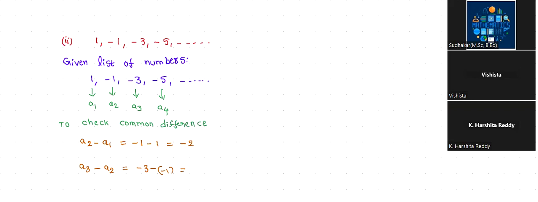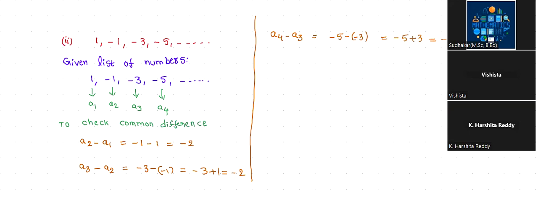Minus 3 plus 1, minus 2. Next, A4 minus A3. Minus 5 minus of minus 3. Minus 5 plus 3, minus 2. Since common difference is same each time.